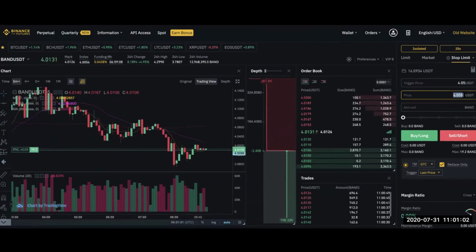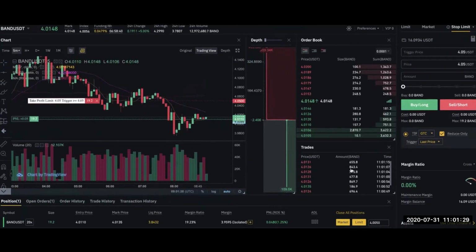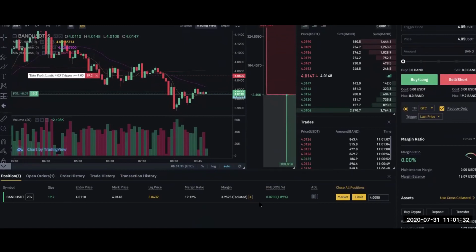And we have to do $4.05. And we want to close the entire position. And at that point, we want to sell. Then we can do, I'm betting on it not going down. So you can see ROE, we've got 1% up on that.